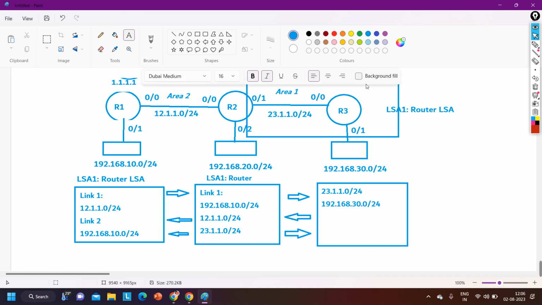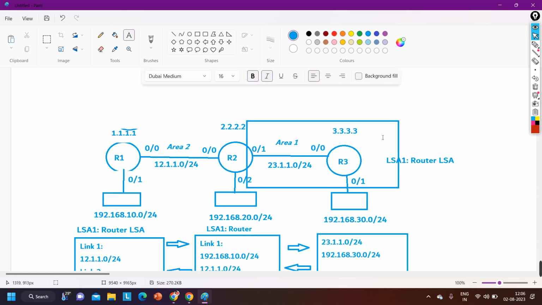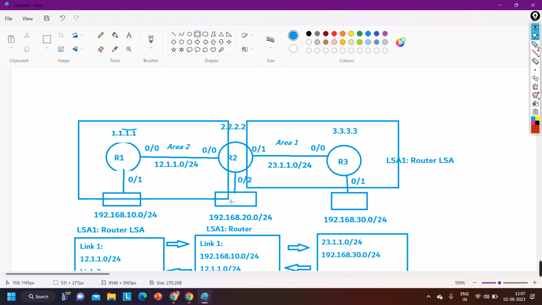So now router 1 cannot communicate with router 3. Why? Because as I told you, LSA1 cannot cross the area. So LSA1 of router 3 cannot enter in area 2, or LSA1 of area 2 cannot enter in area 1. Getting my point? So how will router 1 and router 3 communicate?